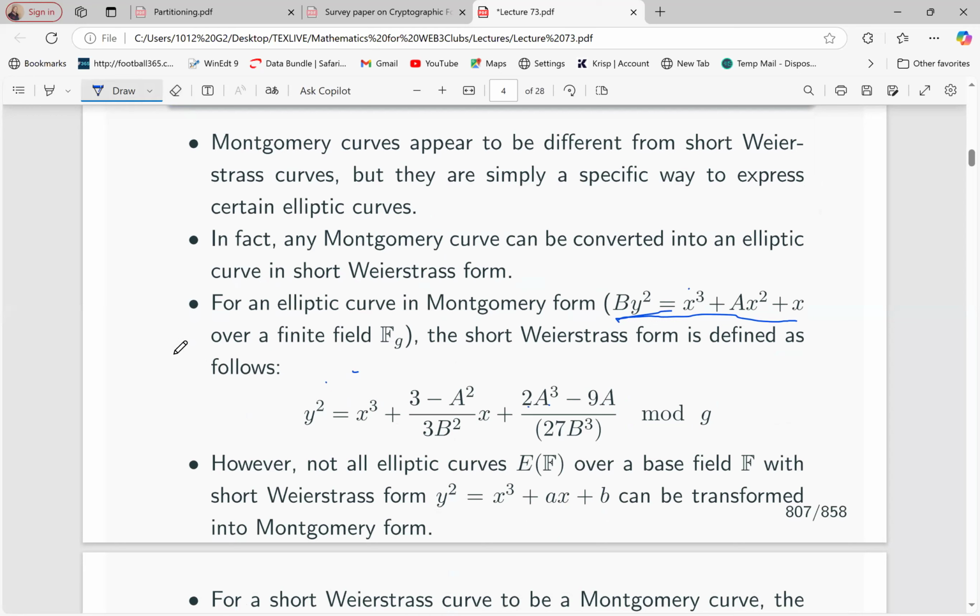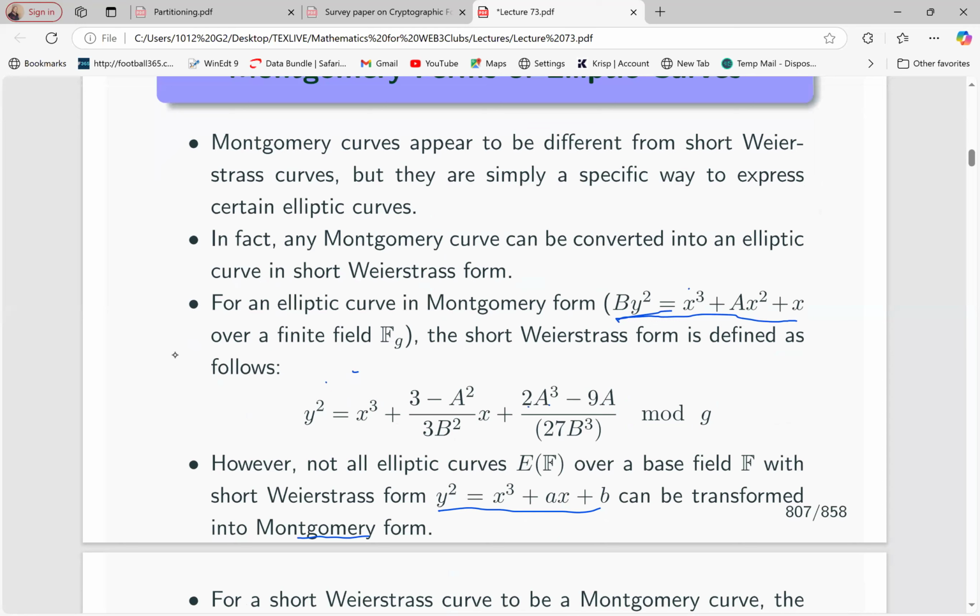Now, a very important thing to note here: not every short Weierstrass form can be converted to Montgomery. But every Montgomery curve can always be converted to short Weierstrass.